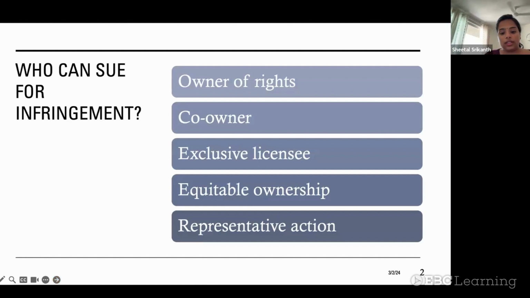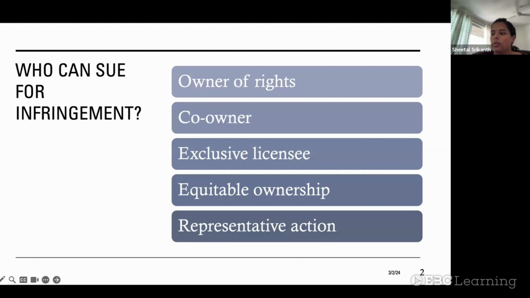So I've divided today's lecture into three parts. The first part, we will be talking about the basics in relation to intellectual property: who can sue, who can be sued, and for what purposes a suit can be filed. In the second part, we will delve into the specifics of jurisdiction and what kinds of courts and tribunals have jurisdiction over intellectual property disputes.